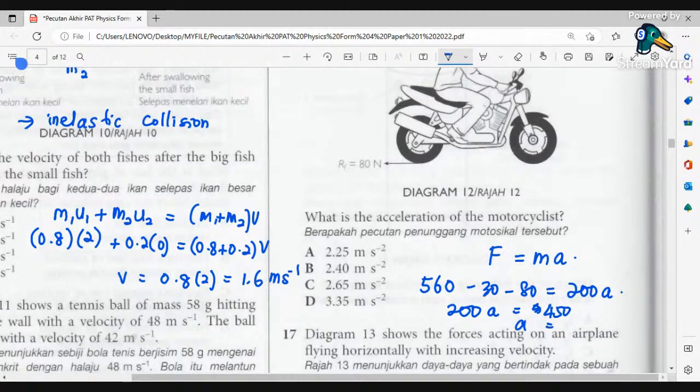So A equals 450 divided by 200. Okay, number 16 answer ialah A, 2.25.